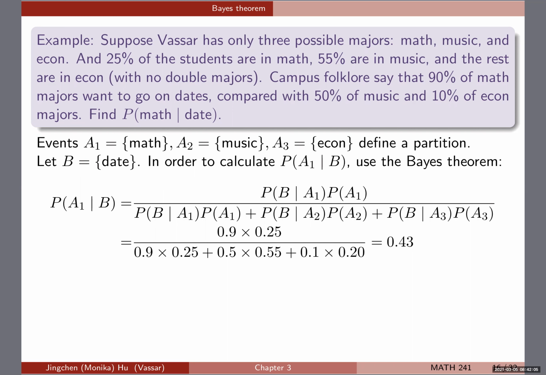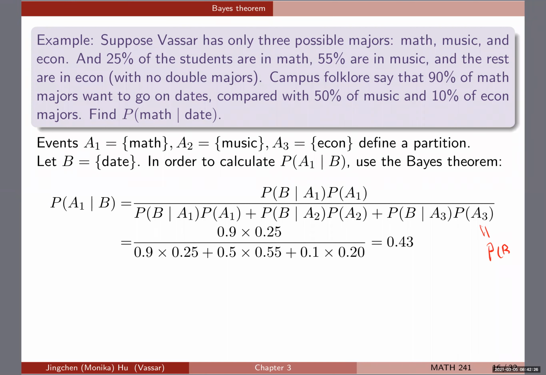And then in the denominator, we use the law of total probability, where we list all of them one by one. So we have 3 different A's, and for each of them we do the product of the conditional and the marginal. Then when we sum them up, given the law of total probability, we get the marginal of B.